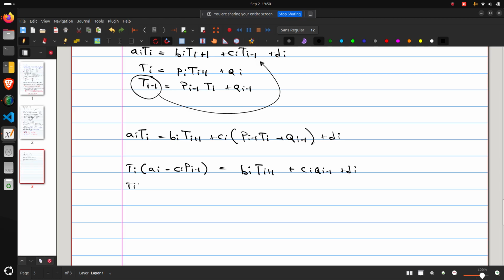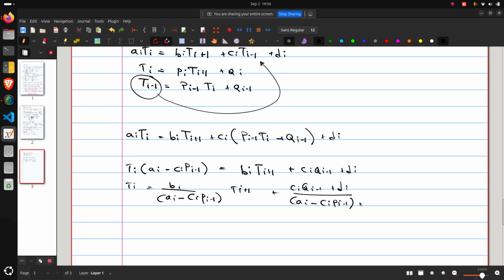And finally we'll have Ti is nothing but Bi by (Ai - CiPi-1) times Ti+1 plus (CiQi-1 + Di) by (Ai - CiPi-1).